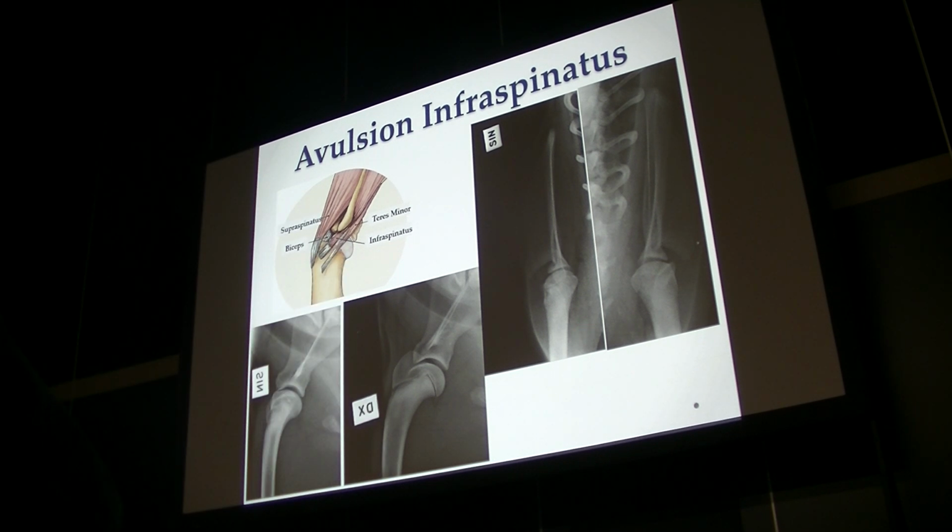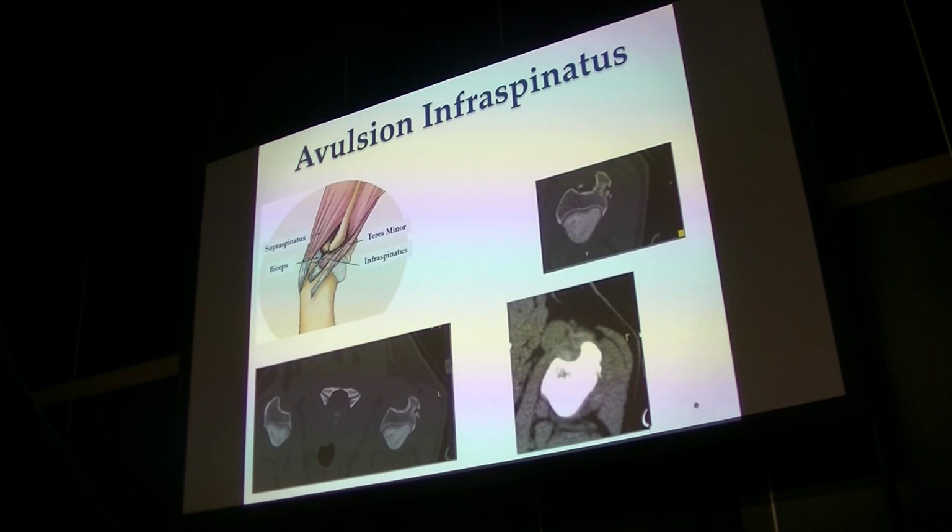We have both craniocaudal views, the normal right one, and this is the left, where we see some defect surrounded by sclerosis. So this kind of pathology provides very nice CT images.